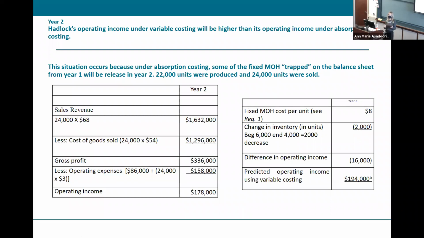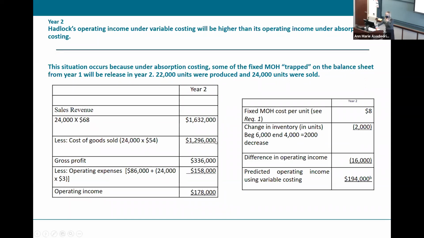Since I made 22,000 units in both periods, I spread each year that same cost out over 22. And so I just happen to have the same fixed cost of $8 again in this period tied to that unit. Okay, so 24,000 units because I'm matching the cost of making to the same units that I just sold.